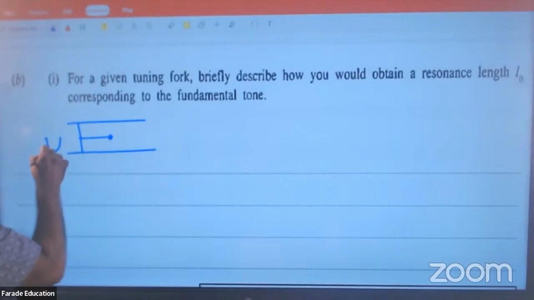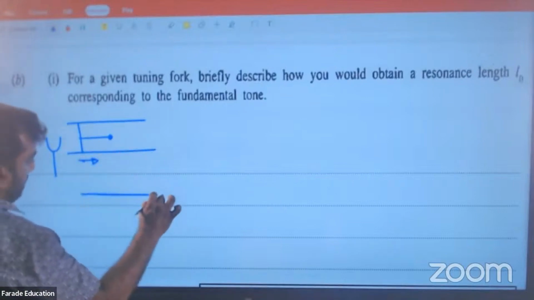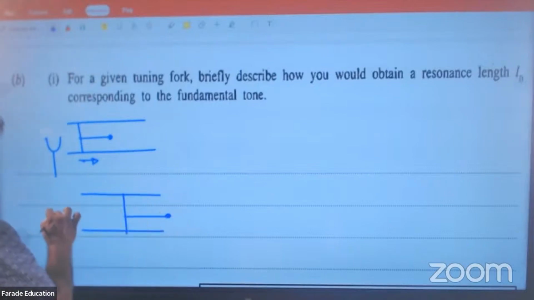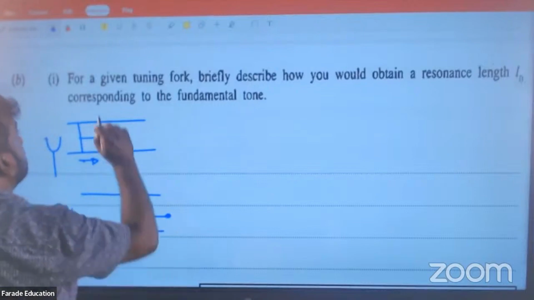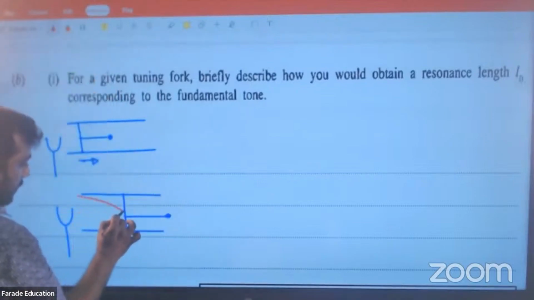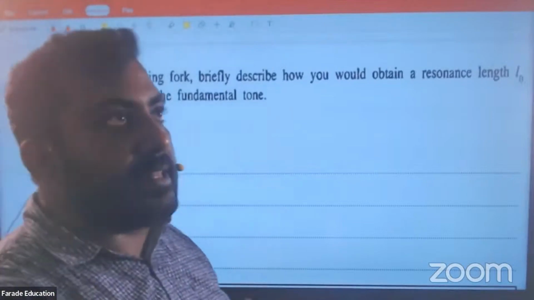Vibrate the tuning fork, and gradually move the piston to the right. At a particular instant, the first loud sound is heard. First loud sound means fundamental frequency.